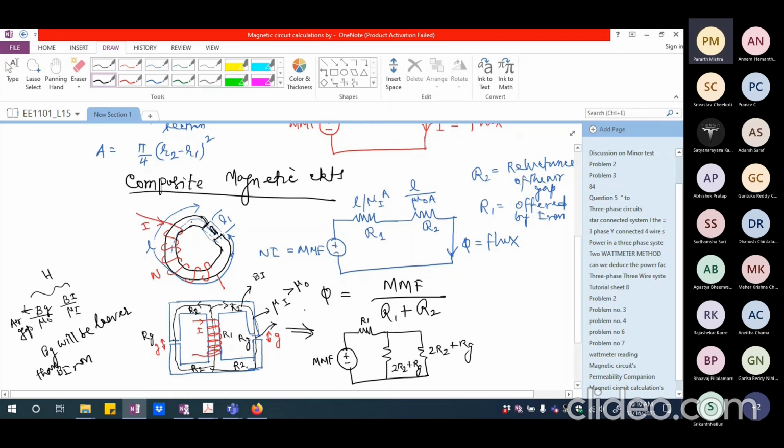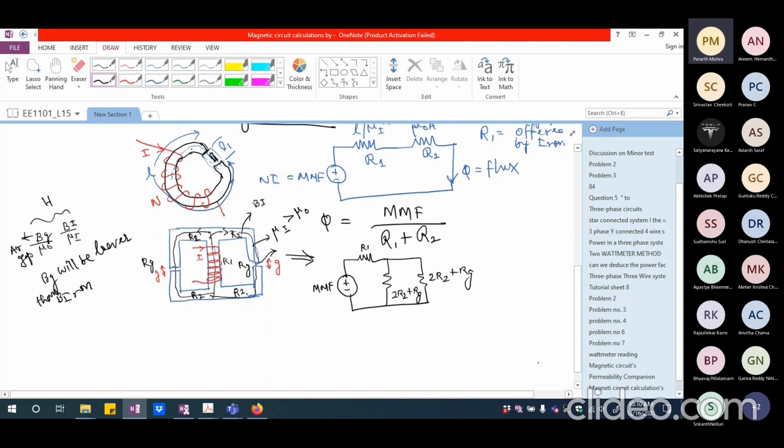So if all the lines flow through this, how are we going to account for the flux density being lower in the air gap as compared to iron?